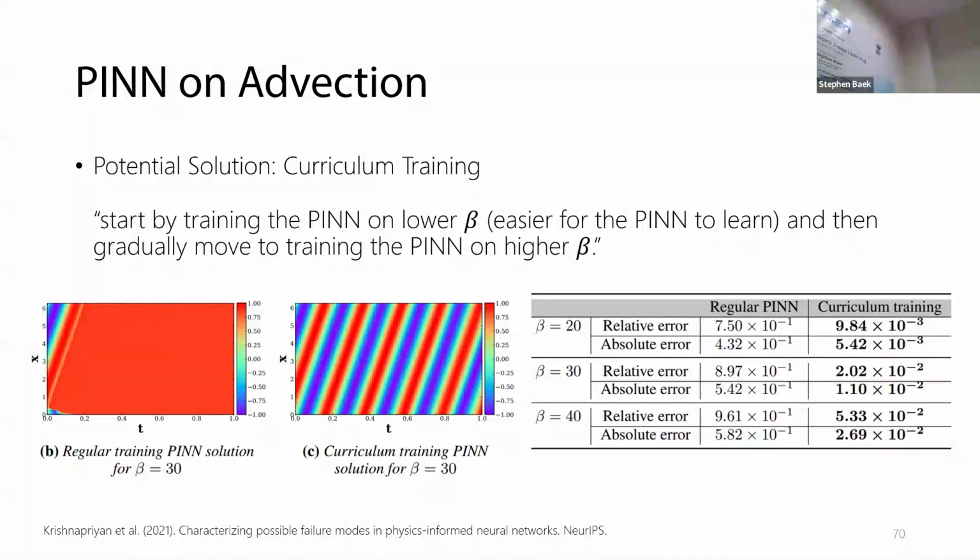To be fair, if the speed is too high, if beta is too large, that's already a pretty difficult problem to predict. And if you let the neural network predict that from the get-go, it won't be able to make a good prediction.